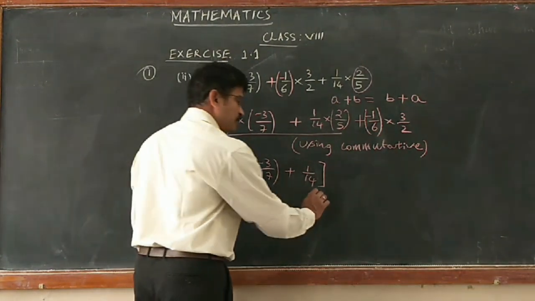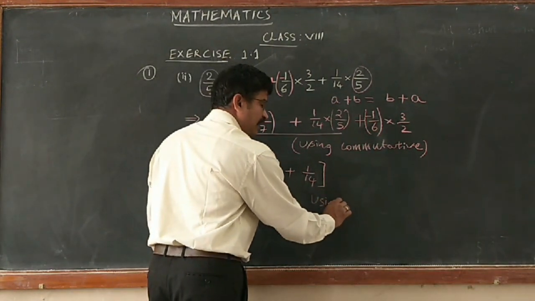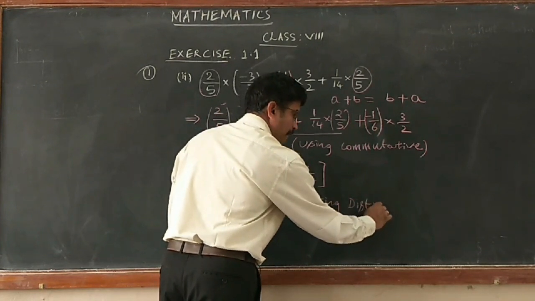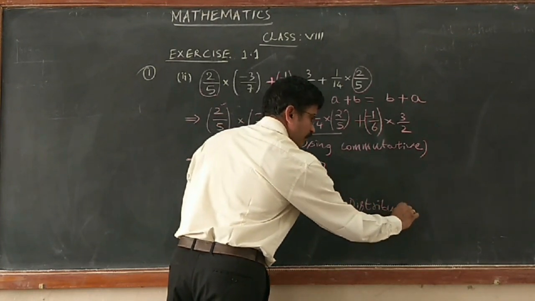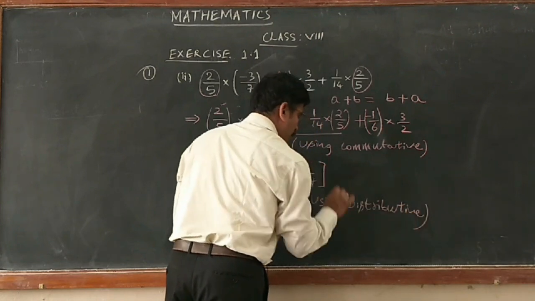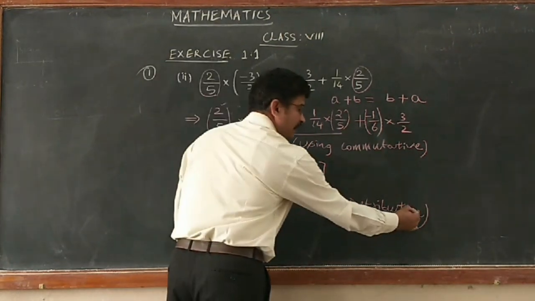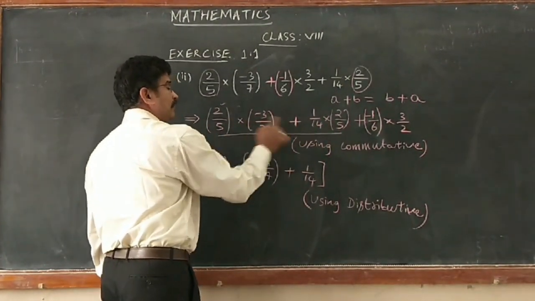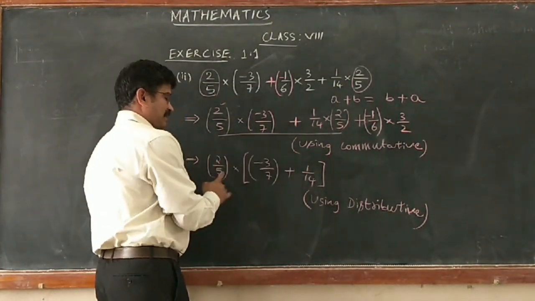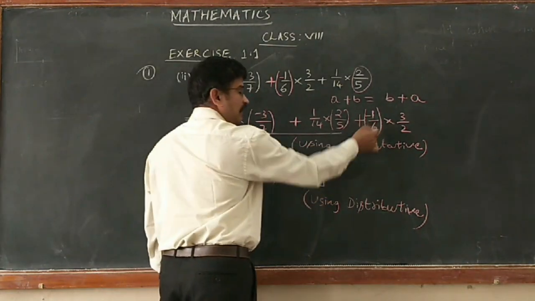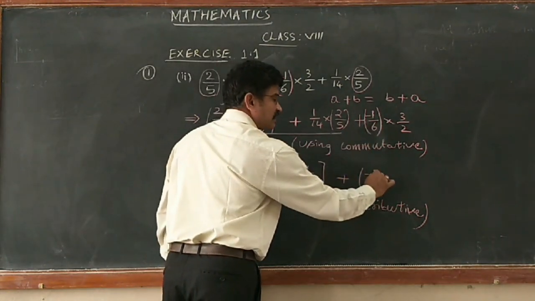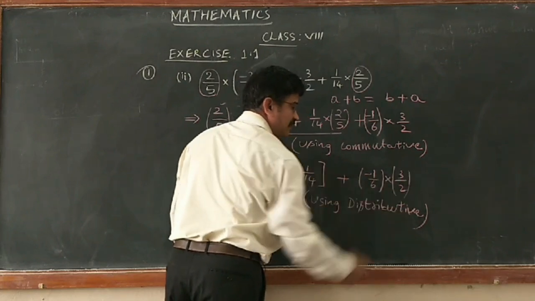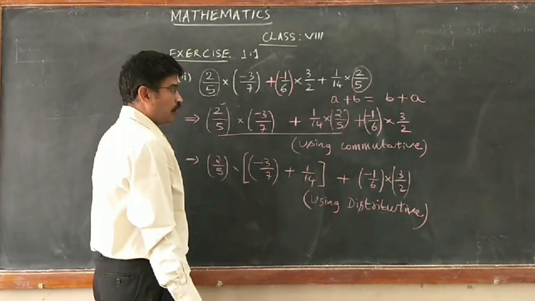Which property are we using here? We are using the distributive property. So using the distributive property, we took this 2 by 5 common out from these two products. Now the leftover here, that minus 1 by 6 multiplied to 3 by 2 as it is comes.